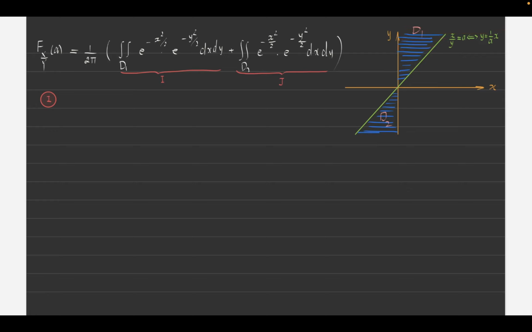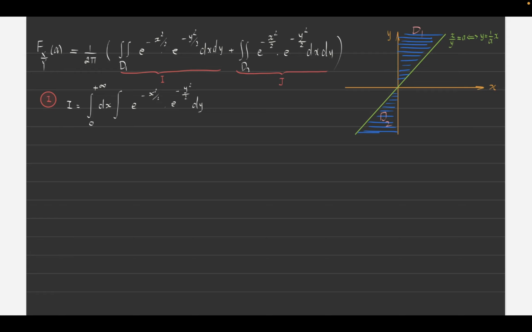So if I want to calculate the integral I, I write the integral dx, where x goes from 0 to plus infinity. And then what I have here is the integral of e to the power of minus x squared over 2 times e to the power of minus y squared over 2, and then dy.